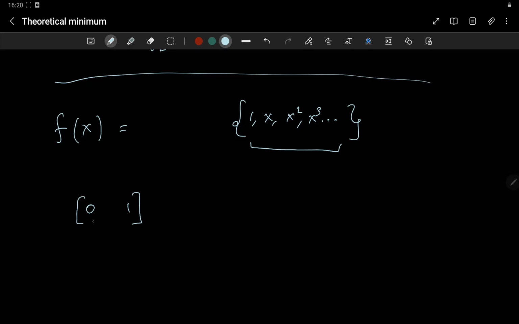We didn't prove that, but are they orthonormal? You have to check whether this and this are orthonormal, whether this and this are orthonormal, like that all combinations need to be checked.